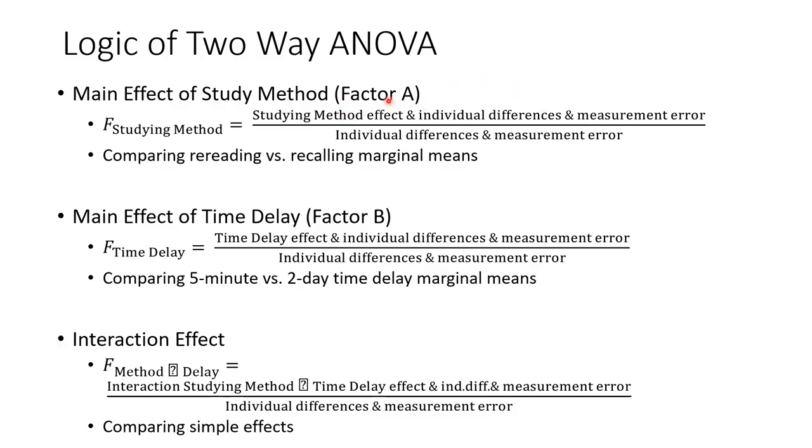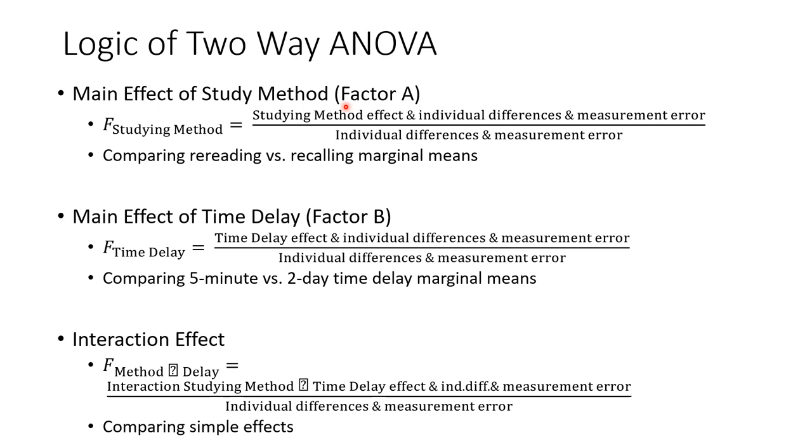But between conditions, we have different studying methods. So the part of the variability created between conditions is due to studying method. Again, if you divide the within variability into the between variability, you're going to be left with some value that represents the amount of variability created by studying with different methods.